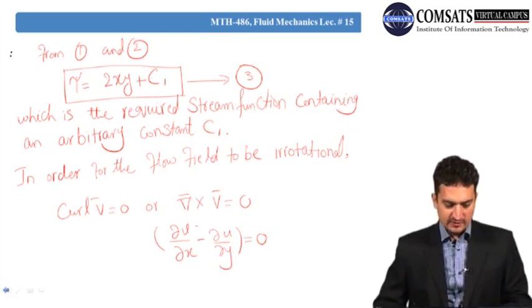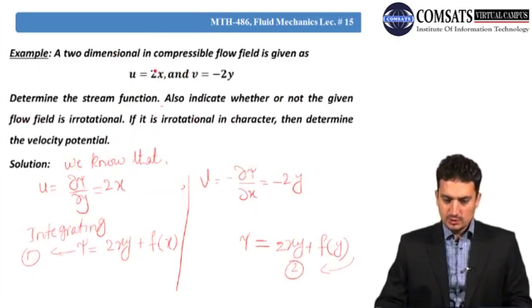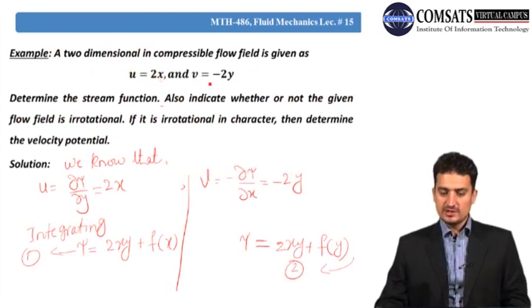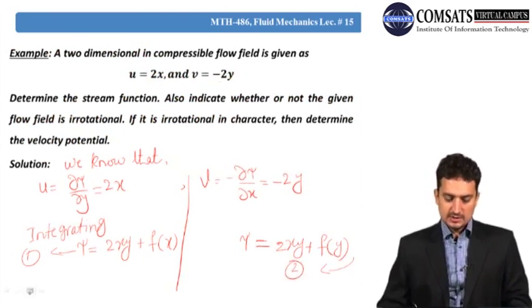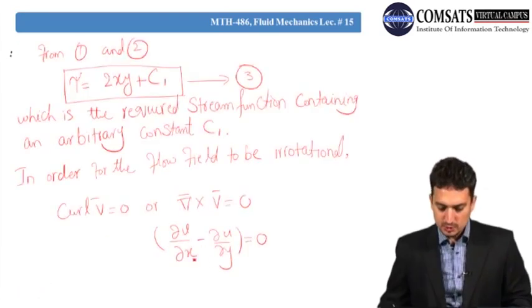And for the velocity field given here, since U is equal to 2x, so partial U by partial Y is equal to 0, and V is equal to minus 2y, so partial V by partial X is equal to 0.